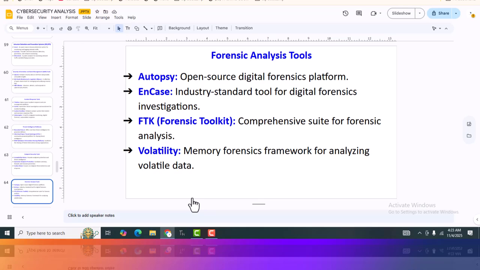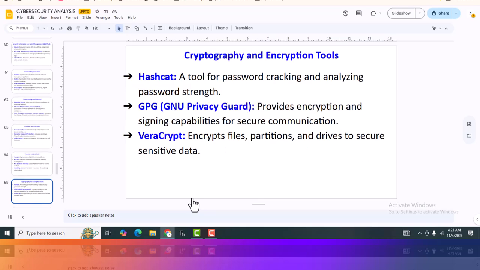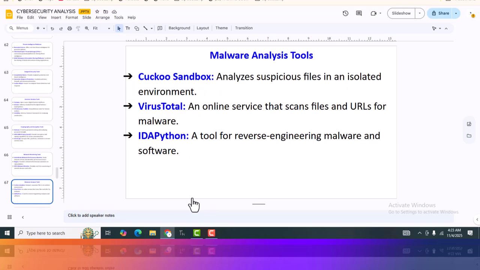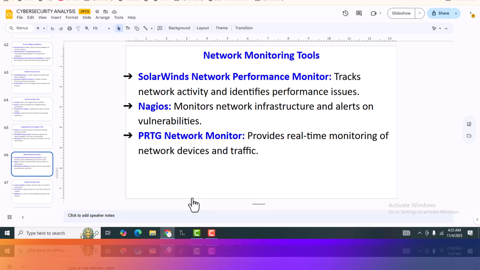Cryptography and encryption tools are another tool we need to carry out our analysis effectively. Also, we need network monitoring tools, especially when we talk about network related devices.